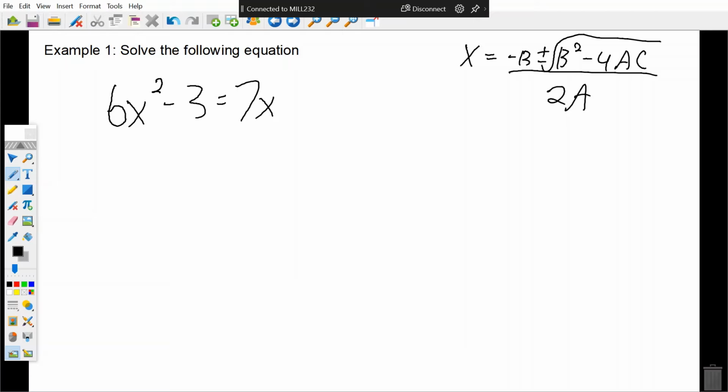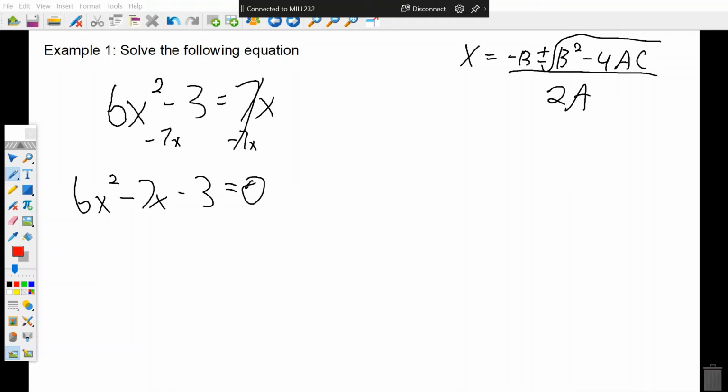Okay? The first thing we have to do is get the equation into standard form. So we've got to bring the 7x to the other side. If we subtract 7x from both sides, we've got 6x squared minus 7x minus 3 equals 0.